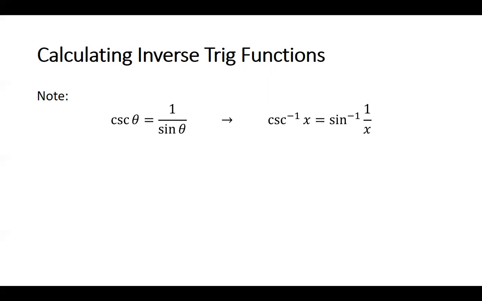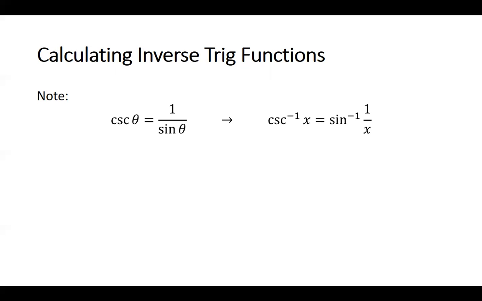Basically, if we're trying to find the inverse cosecant function, since they're reciprocal functions, we're going to take the inverse sine of the reciprocal of the ratio that was given for cosecant, because cosecant theta over 1 is equal to 1 over sine theta.